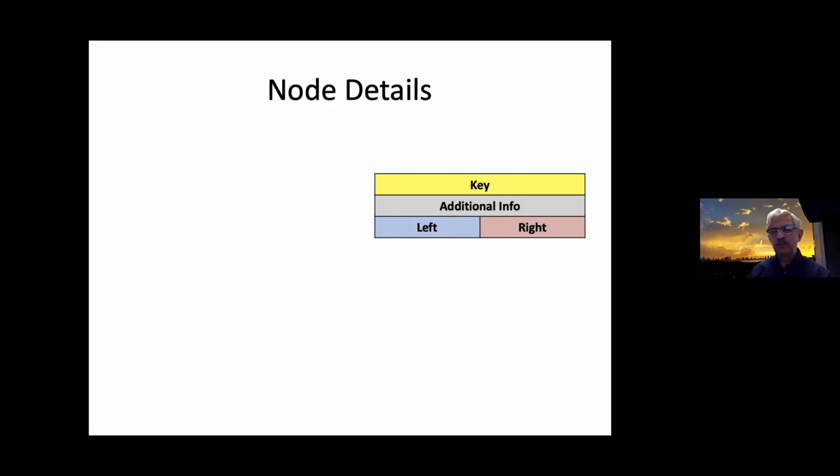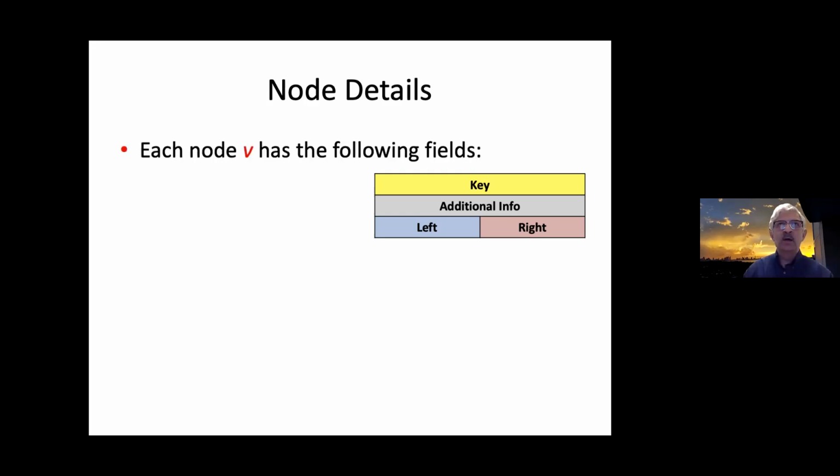Regardless of what binary search tree you work with, the first three fields that I mentioned are going to be necessary. So you will always have the key value. You will always have a left child and a right child. So these are going to be nodes in a binary search tree, in every binary search tree.